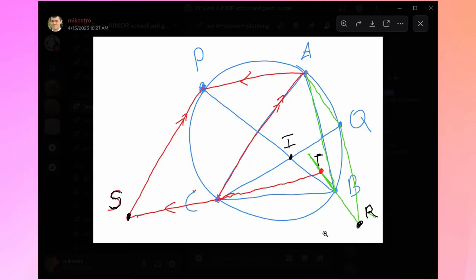Yeah. Okay, and then lastly T is where SC and BR intersect.